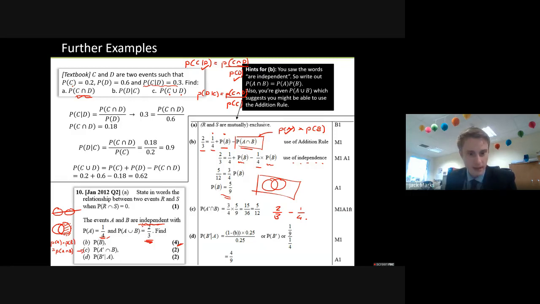You know that they're independent, so the probability of not B given A doesn't mean anything. The A is meaningless because it's an independent event. We talked about that. So you could just think of this as find the probability of not B. And you know B is 5/9, so this should be 4/9. So don't be put off by the fact that sometimes what they do in the mark scheme is quite different. Sometimes there's an easier way of doing it.